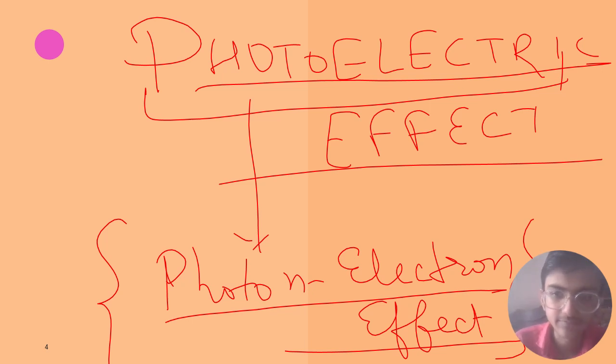Now see, what happens in the photoelectric effect: there is a metallic surface, and on that metallic surface a beam of light incidents, which consists of photons. The photon carries an energy, which we discussed as hc by lambda.